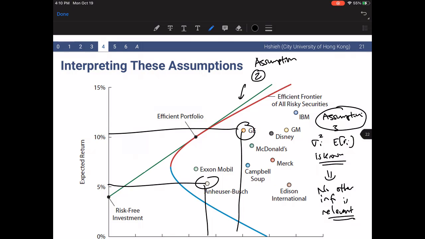People would only hold portfolios on this green line if they have a certain specific utility function structure. And let me reiterate again, we are assuming that people are not risk loving. We're assuming that people are risk averse. They don't like risk. They want more returns. And if that's the case, then people will hold these efficient portfolios on this green line.